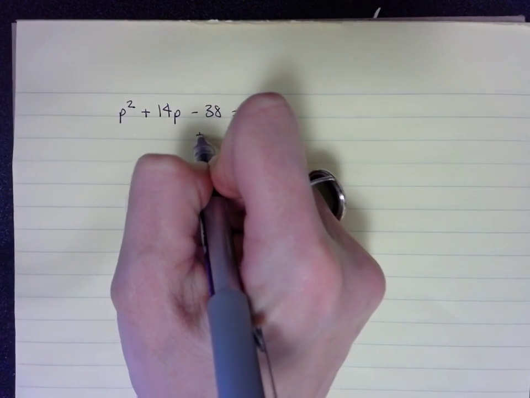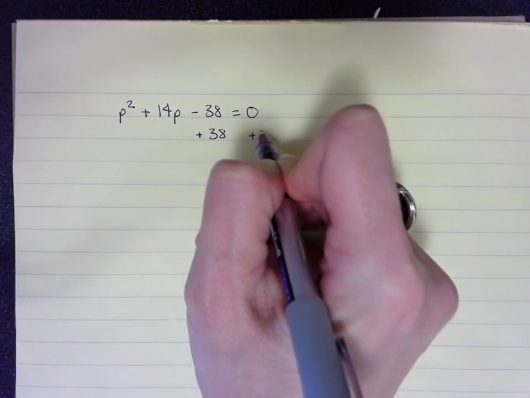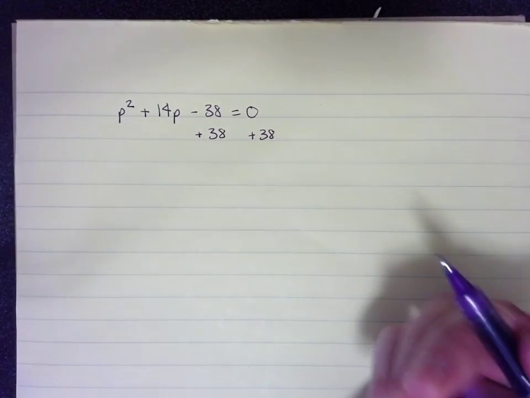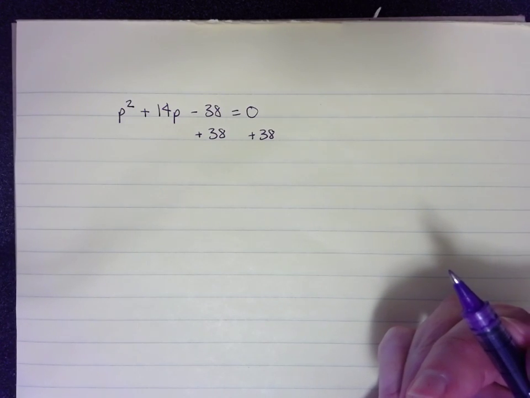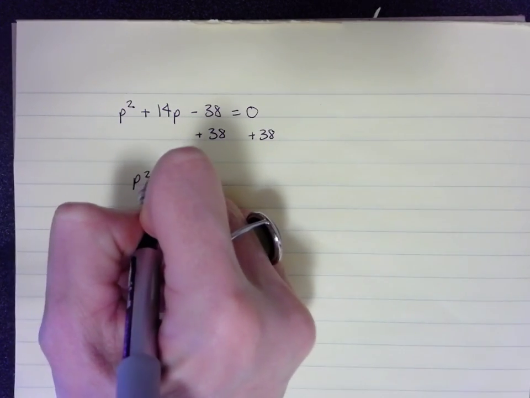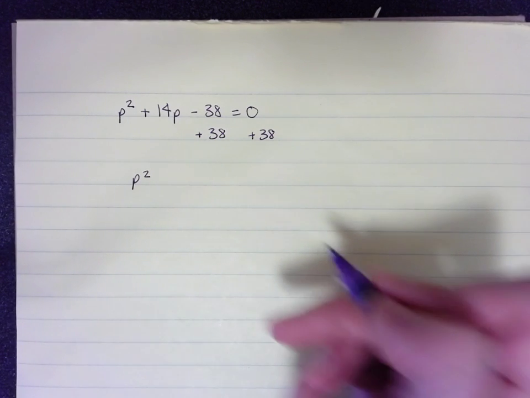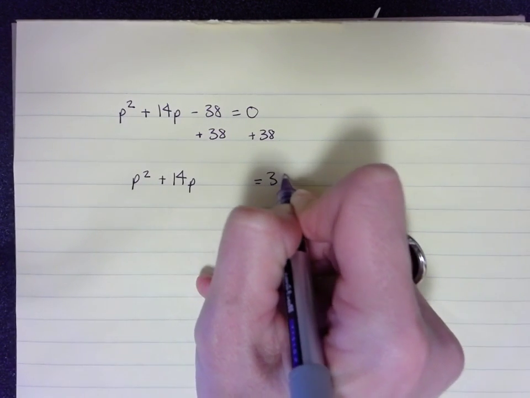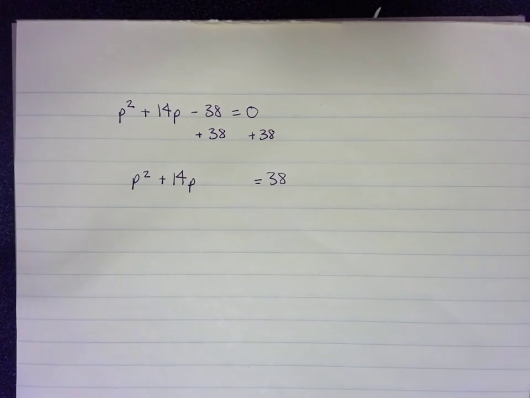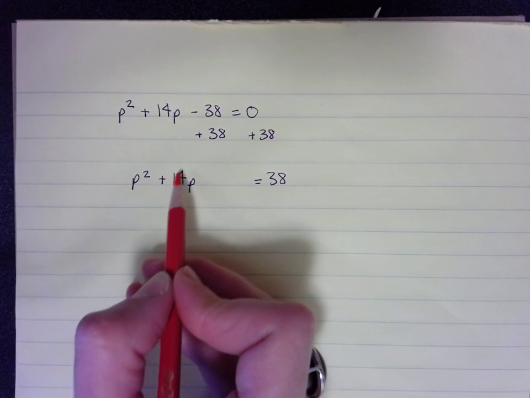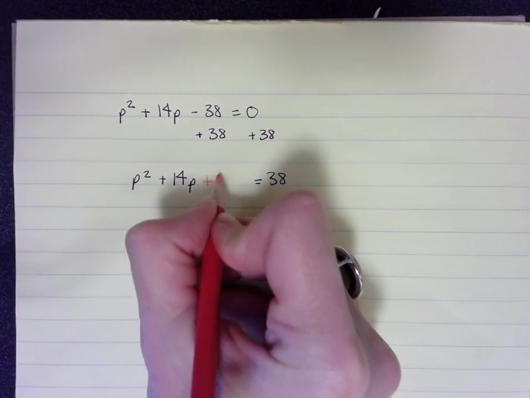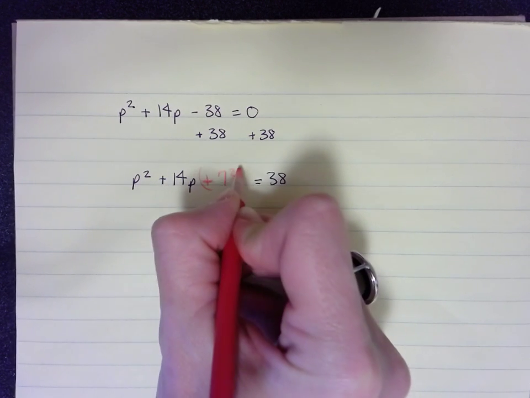If I manipulate my equation, and that's the coolest thing about algebra, whatever I want to do, I can do, as long as whatever I do, I have to do to both sides of the equation. So I'm going to manipulate the equation to get this 38 and bring it over to the right. The reason why I'm going to get this 38 and bring it over to the right, and I purposely skipped a spot, is because now, again, I can still manipulate the equation. If I take half of b and square it, I add 7 squared to both sides of the equation.